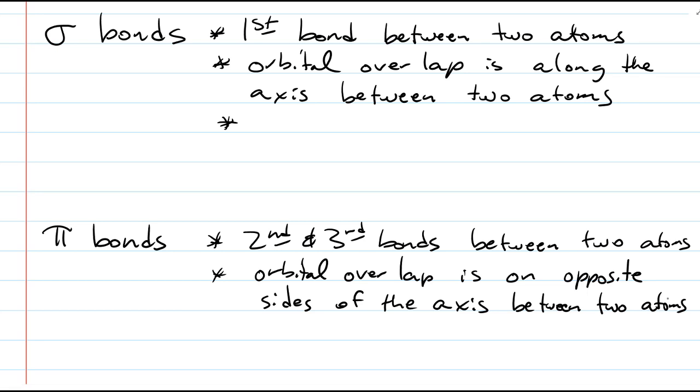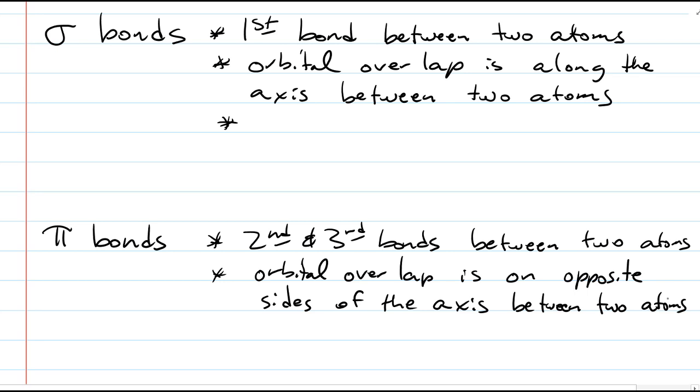I'm going to go back to these models. I'm going to show sigma bonds first. When we talk about sigma bonds, we say that the overlap is along the axis between 2 atoms. So if you can imagine these 2 red pieces coming together and overlapping with each other, if the overlap is along the axis, that means that one of the things we can do is we can go ahead and spin them around, and the overlap is going to remain intact.